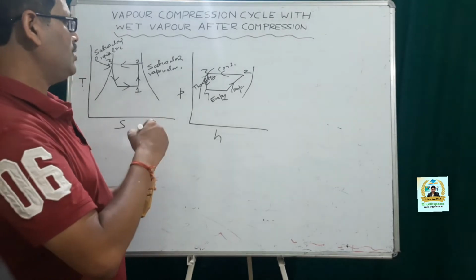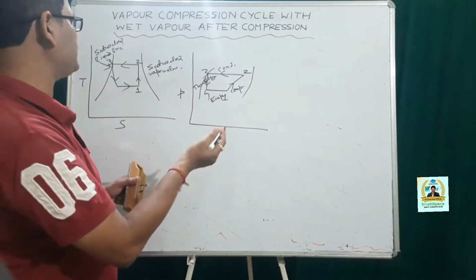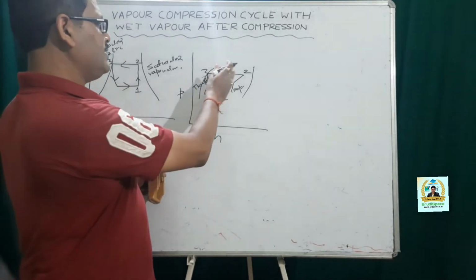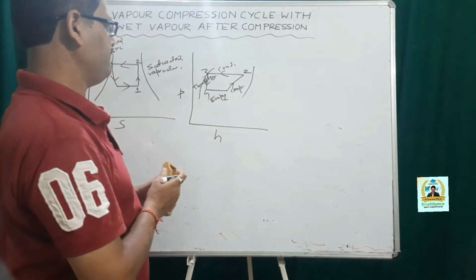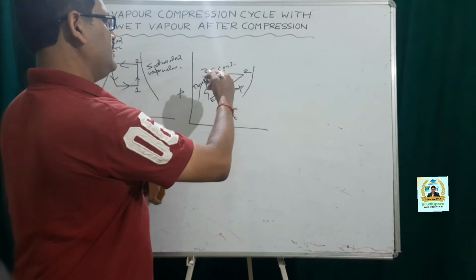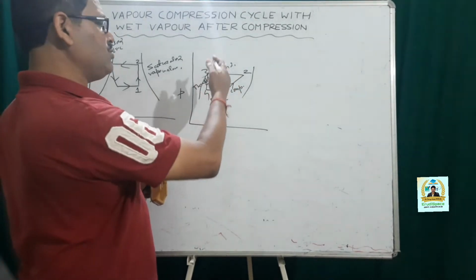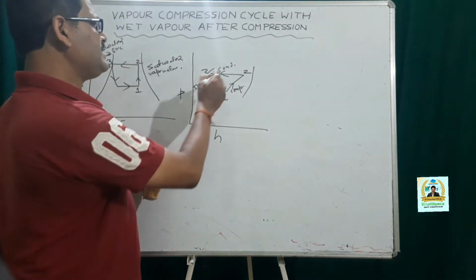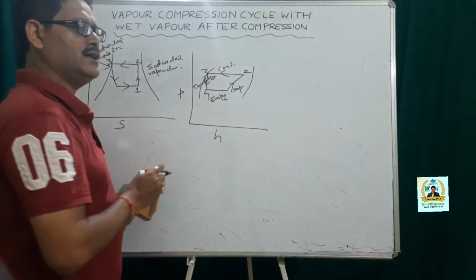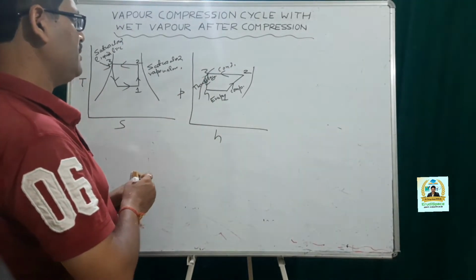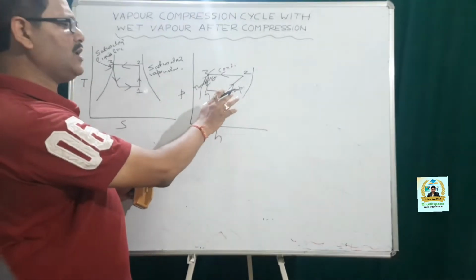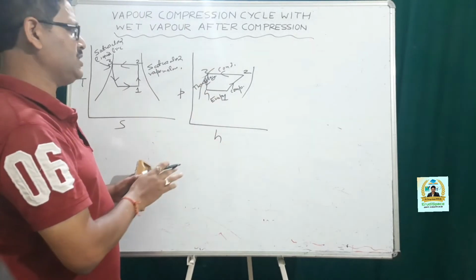Due to compression, its pressure and temperature are raised, and then it is taken to the condenser where the condensation takes place. Here the refrigerant delivers heat to the surrounding condensing medium or cooling medium, and this takes place at constant pressure. Particularly for this cycle, it is a constant pressure as well as a constant temperature process.